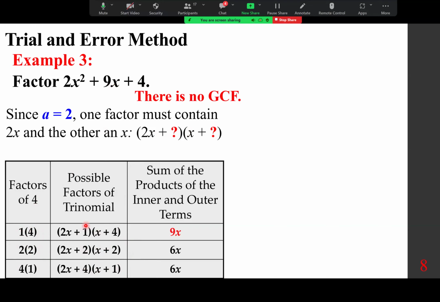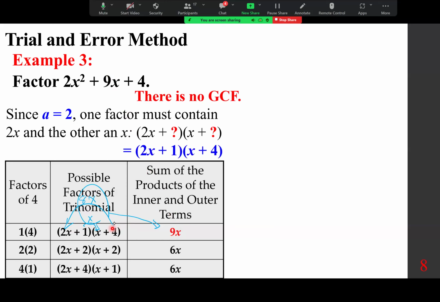How do we get the middle term? Here's how. The product of these two is x. The product of these two is 8x. And they must add up to 9x. And the only one that does that is this combo. And therefore, that's the answer.